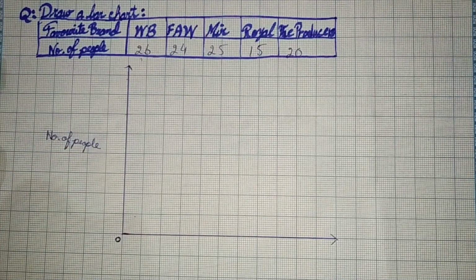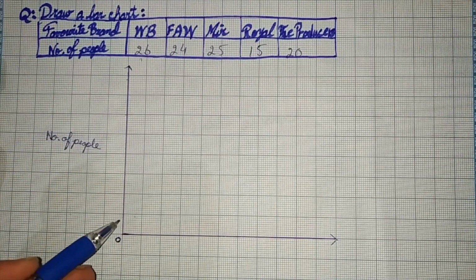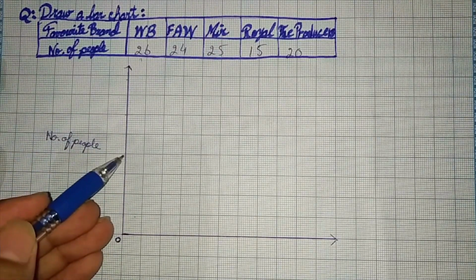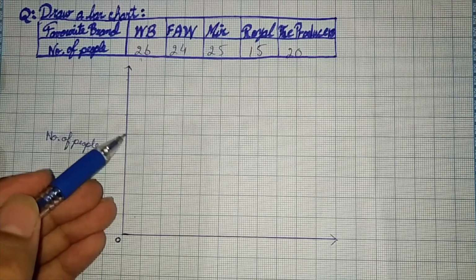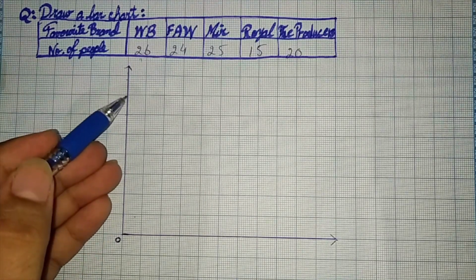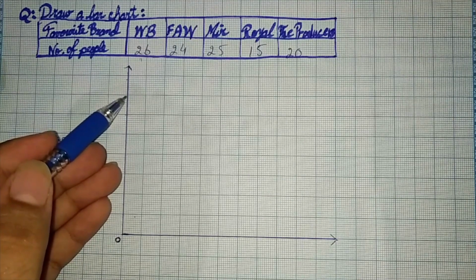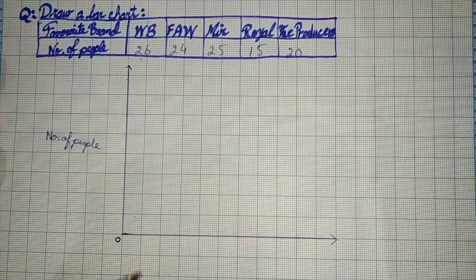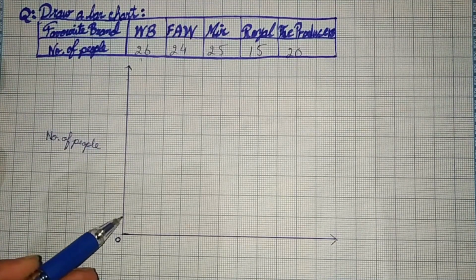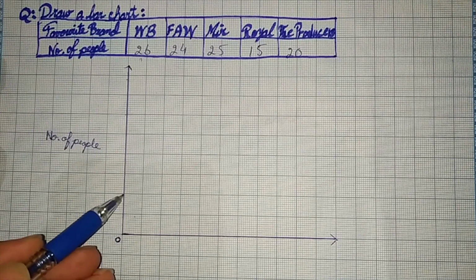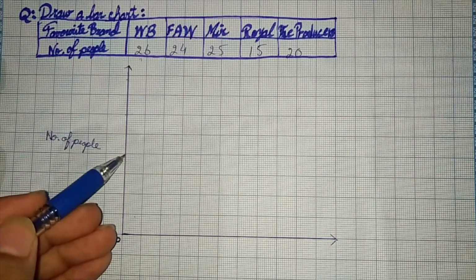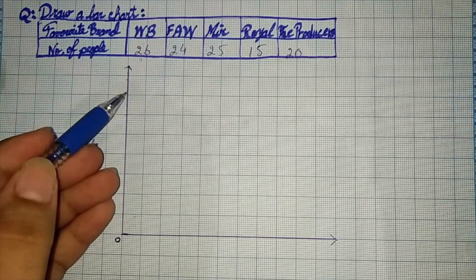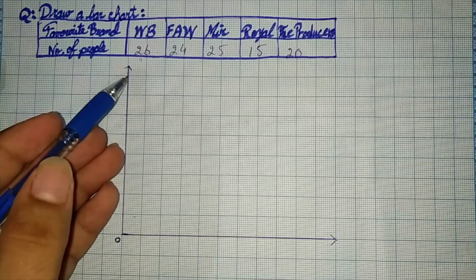If I make a gap of 4, let's see, here we have 4, 8, 12, 16, 20, 24, 28. And if I make a gap of 3, let's see, 3, 6, 9, 12, 15, 18, 21, 24.